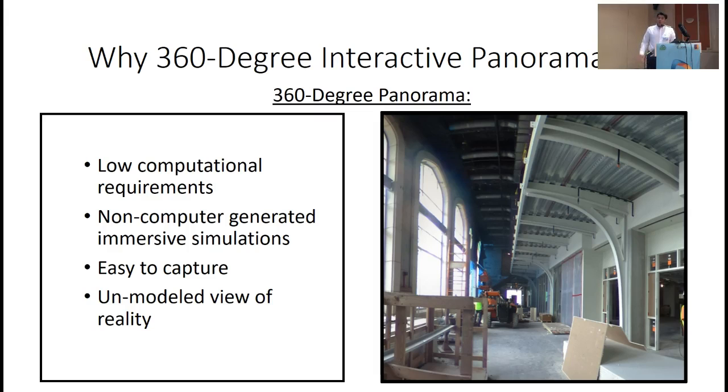And they're non-computer generated, so they represent the actual reality. That's the same goal that we have with an unmodeled view of reality: that it's true reality that is represented in these images, and they're very easy to capture. So the time to model the whole job site is much less.